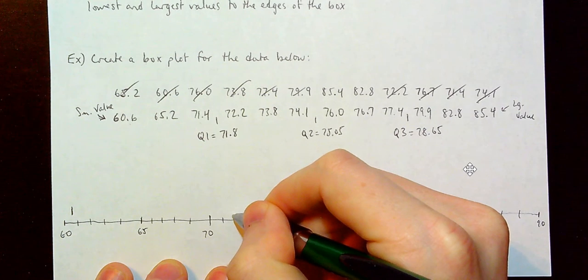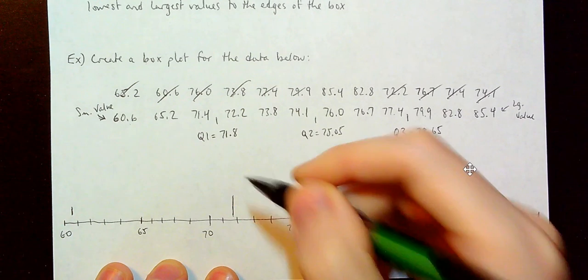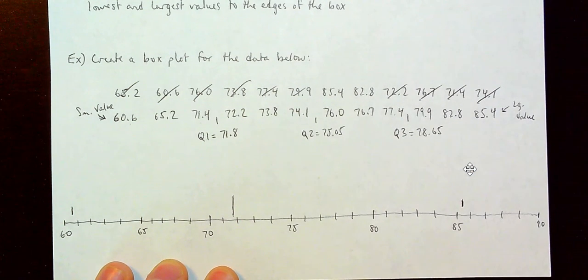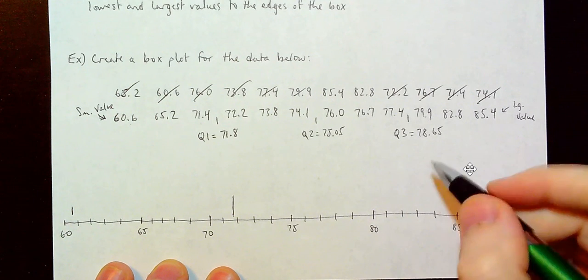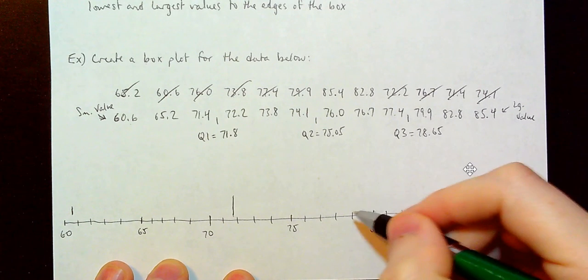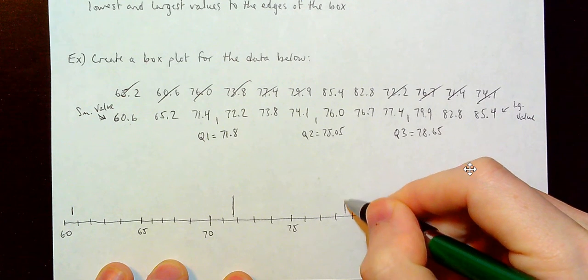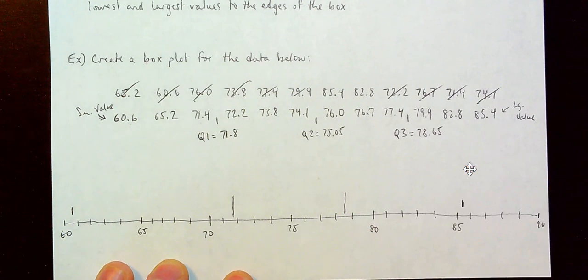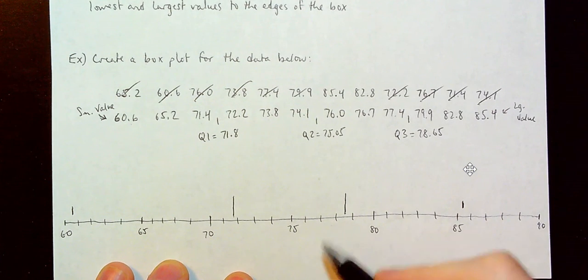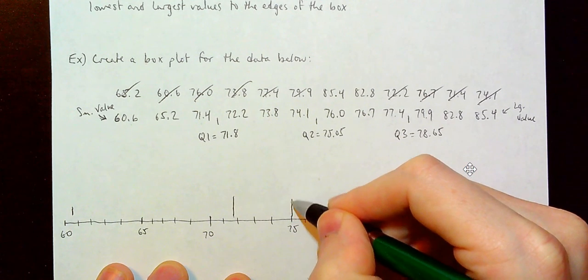And as I said, go with a longer line than what you did for your smallest and your largest value. So there's approximately 71.8. Here's Q3, which is 78.65. So a little bit over halfway. That is technically slightly over halfway. And then we have our median of 75.05, basically right on top of it.